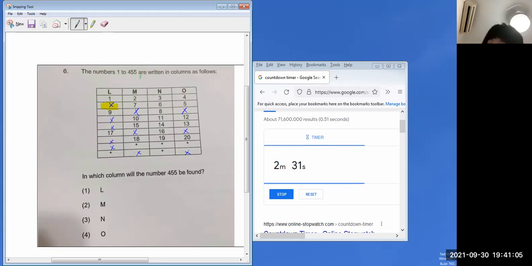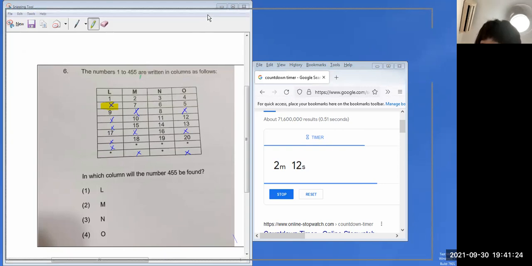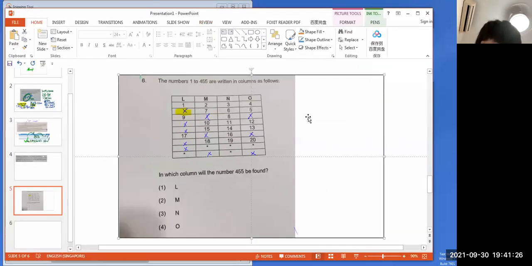What I have observed for M and O. Okay, let's look at M and O first. Let me just get this to the PowerPoint. So what I observe here is this. I see this column.